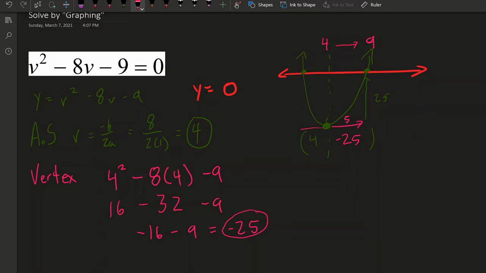Now I also know I'm going to have to move to the left 5 to get to this other one, so that means that if I started at 4 and I moved to the left 5, this number right here would have to be -1. So my solution to this equation is v is equal to -1 or 9.